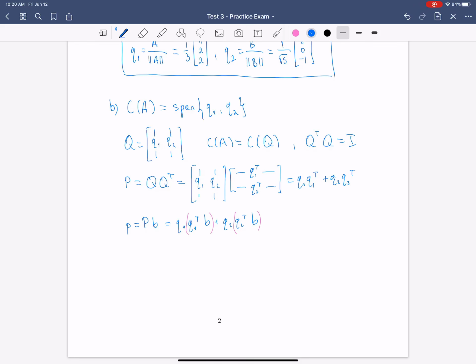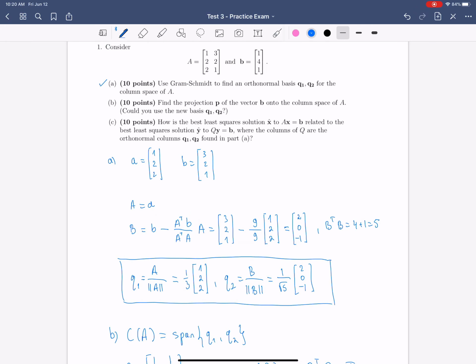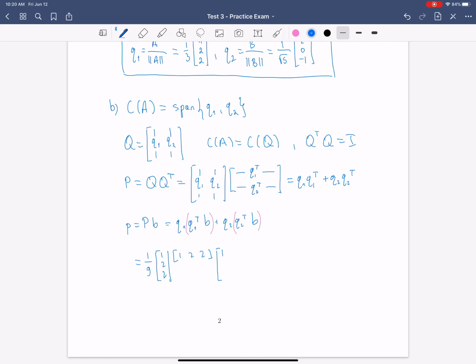All right, so because you see the way this works, let me write out this whole thing. You see from Q1 and Q1 transpose, I have again those 1/3, which I can factor and have a 9th here. Then I can write 1, 2, 2, then 1, 2, 2, and then the vector B, which has components 1, 4, 1.